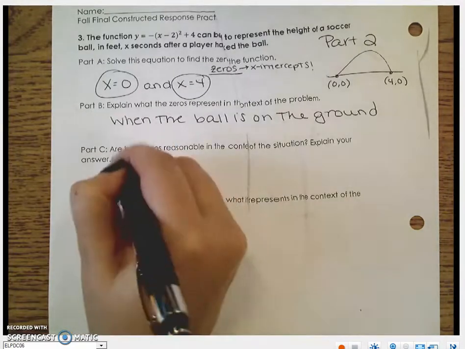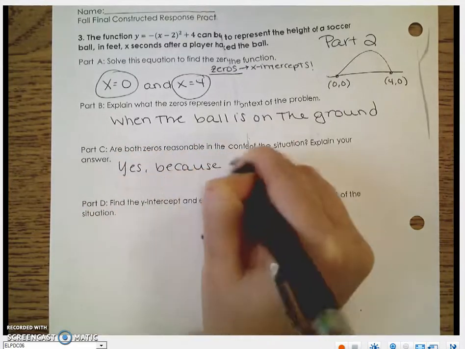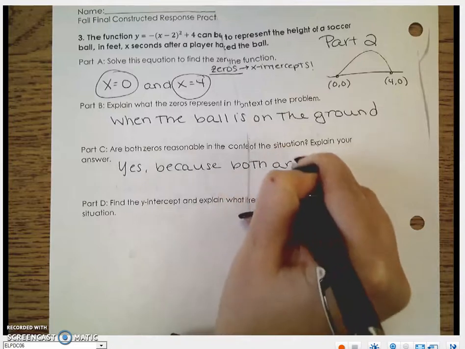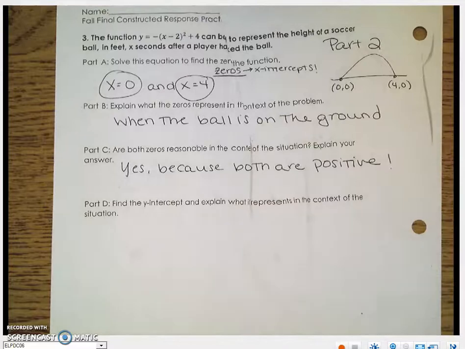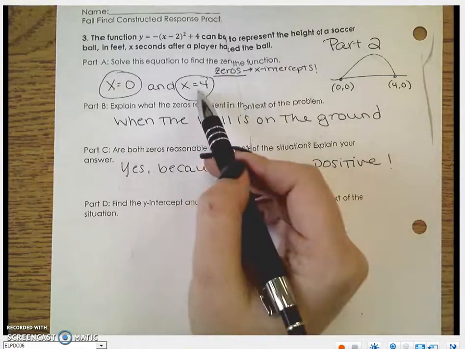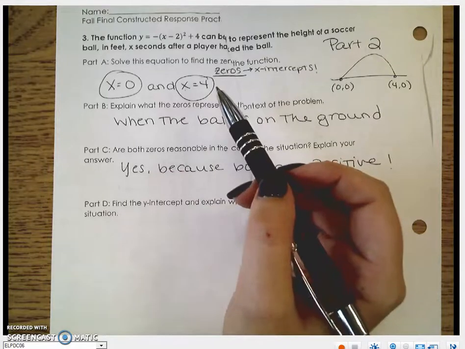So for this situation, yes, because both are positive. And time can only be positive. If you get a negative x value, so if this is x equals negative 4, that makes no sense because you can't have negative 4 seconds.